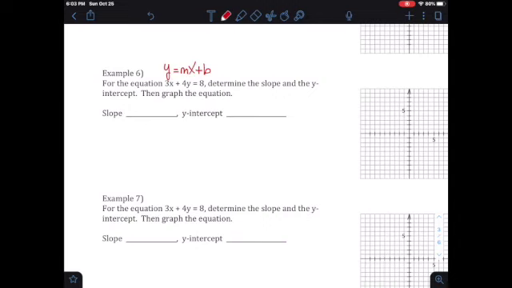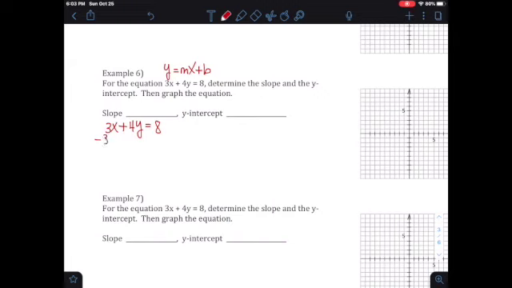Like in chapter 2, we have to learn to move things around. You take the 3x plus 4y equals 8, and you get y by itself. Then that will be in your mx plus b form. To do that, you take the term that does not have a y and move it.